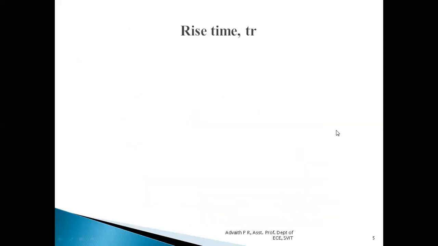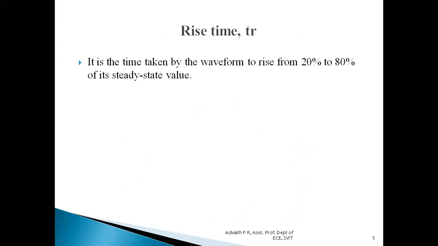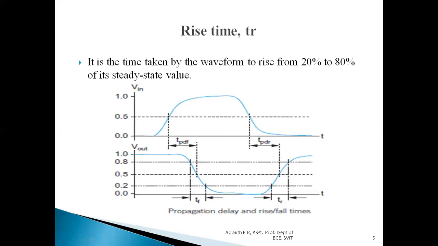Next, let us focus upon what is meant by rise time. Rise time is represented by the symbol TR, T subscript R. Rise time is the time taken for the waveform to rise from 20% to 80% of its steady state value. This can be understood with the help of a waveform.